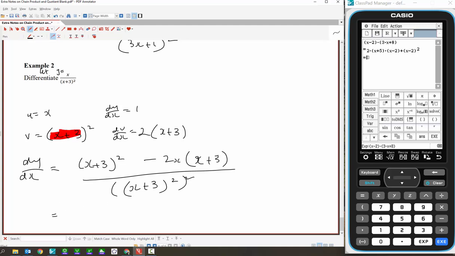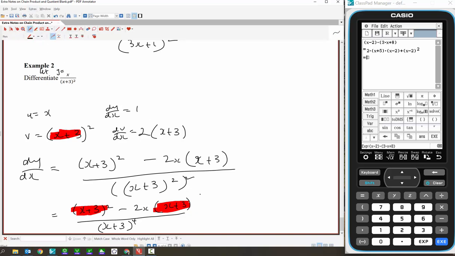Alrighty, so this one here, power 4. Right, so what else could you do? If that didn't match the back of the book, what I would do is pull out x plus 3 as a factor on the numerator. In fact, let's just do it.